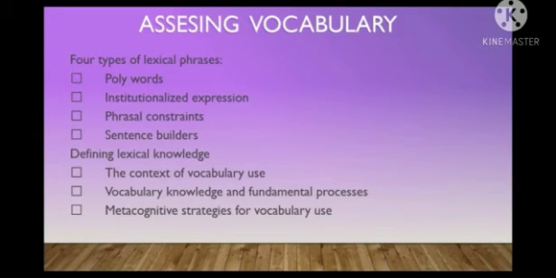For assessing vocabulary, there are four types of lexical phrases. 1. Polywords are short fixed phrases that perform a variety of functions such as qualifying, marking fluency, disagreement, etc. For example, for the most part, so to speak, and wait a minute. 2.